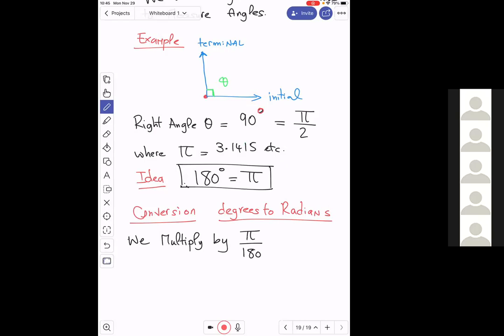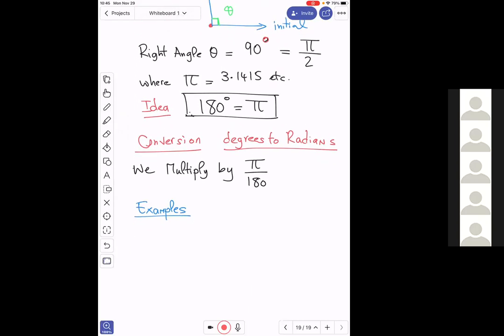So for example, Example 1, you have 90 degrees, which is a right angle, and you want to convert. Here I'm trying to convert degrees to radians.